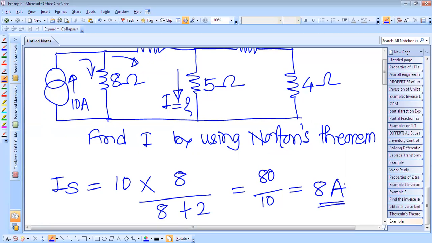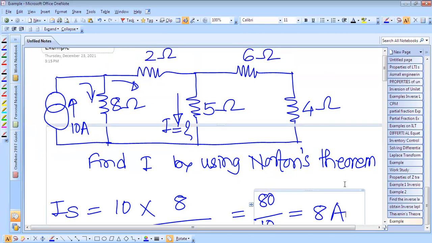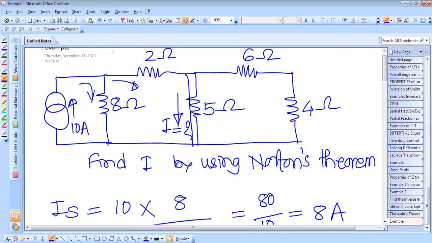So the short circuit current will be 8 ampere, which will flow through this short circuit branch, because we have to short this. When you short this, this is also short, and therefore the source current will flow in this one branch, and second is this branch, which still contains this 2 ohm resistor.